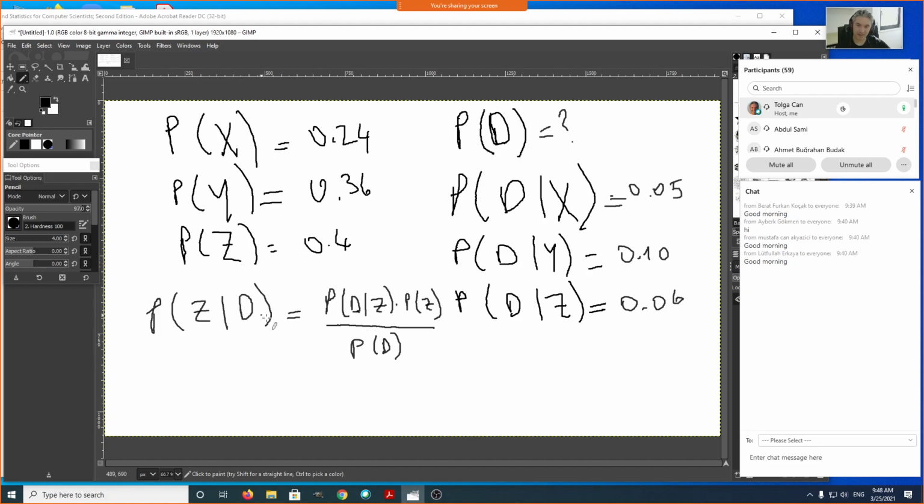Both the left-hand side and the right-hand side denote the event that the part is defective and comes from supplier Z. PZ given D times PD is the intersection of these two events, PZ and PD, and the same is true for the right-hand side.